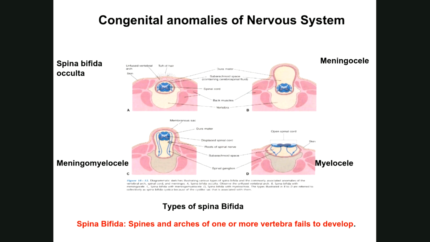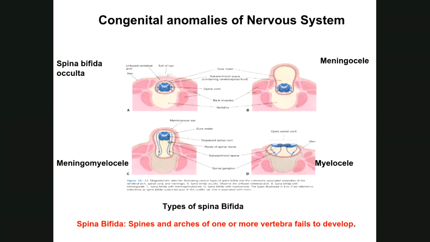This type of condition is known as spina bifida occulta, because the spine is split, and that's why the vertebral column is not formed on the back, and the part of the spinal cord is just covered by the skin. I will show you in the next slide the photo of the actual patient, how it looks. So this is spina bifida occulta.